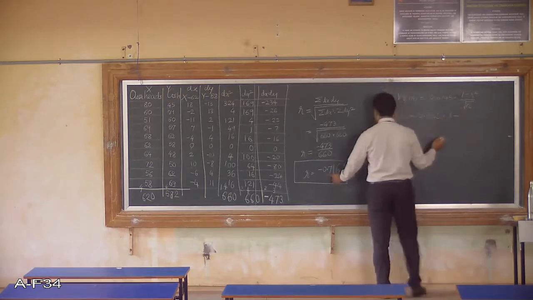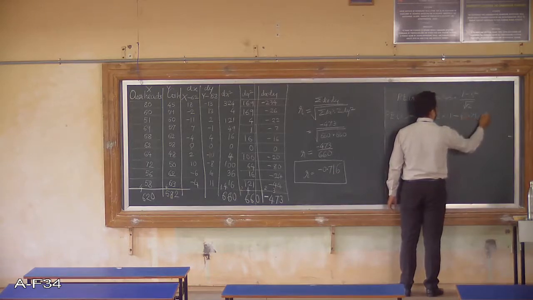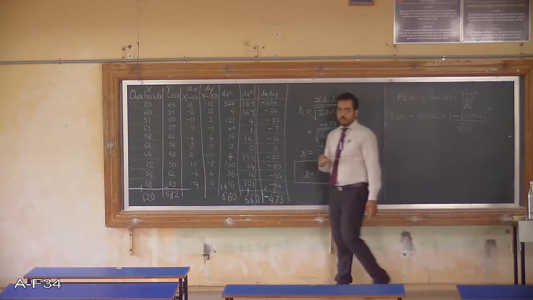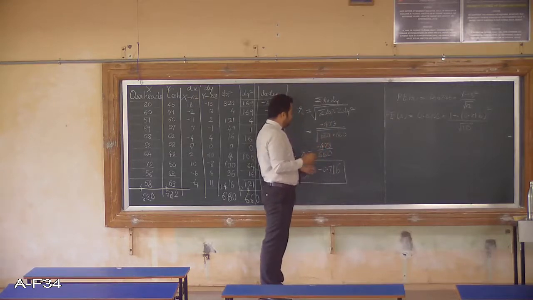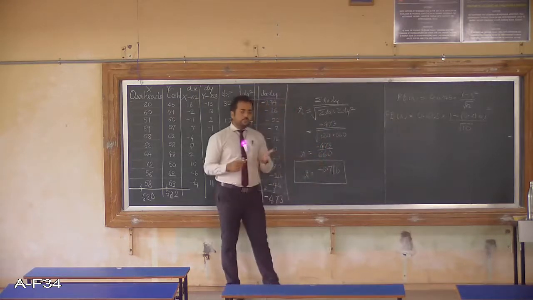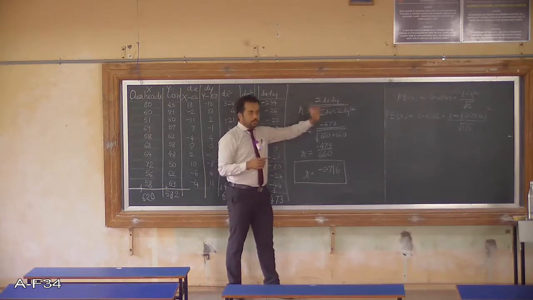I've got 10 values. Now in this case r square, even if r is a negative value, we always get the squares in positive, so it doesn't matter if it is negative or positive.